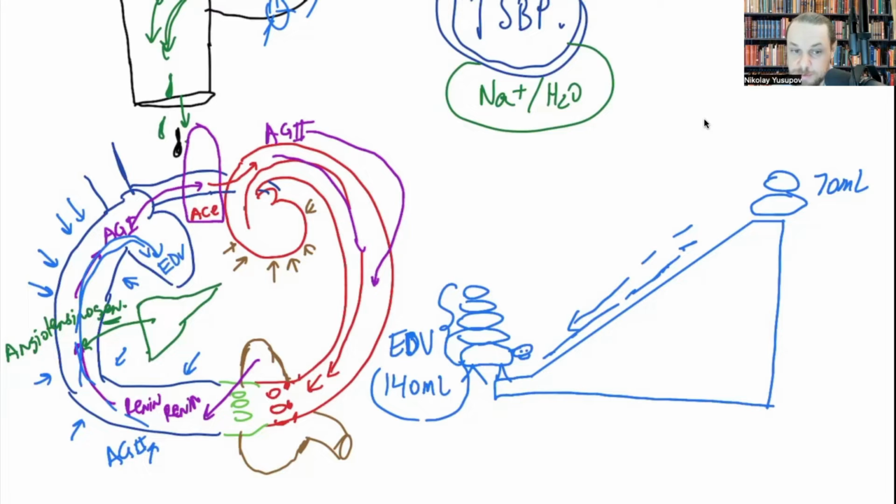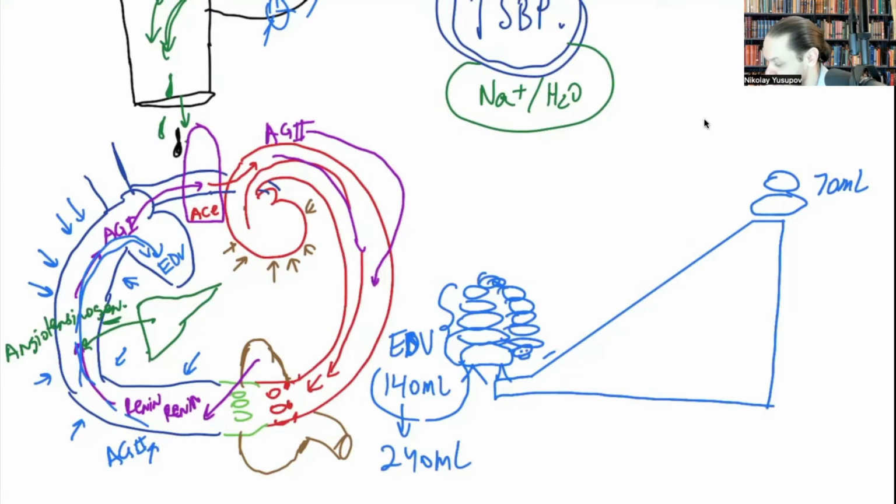So my end diastolic volume will increase. Does that make sense? So as more angiotensin 2 is coming and affecting my venous side, this end diastolic volume is going to become maybe 240 ml. So all of a sudden, this donkey has to carry a much bigger load up this cliff. So now it's overloaded, and it has to carry more blood up over there.